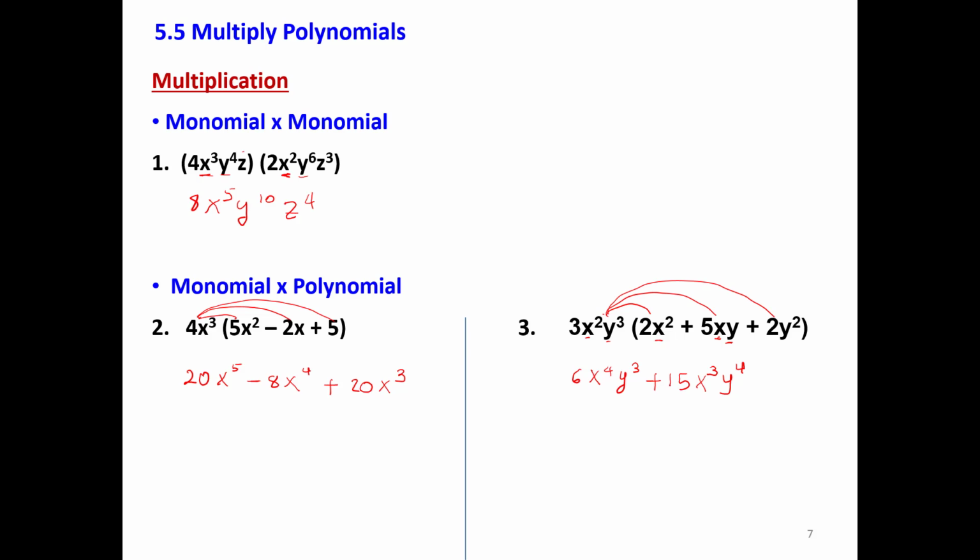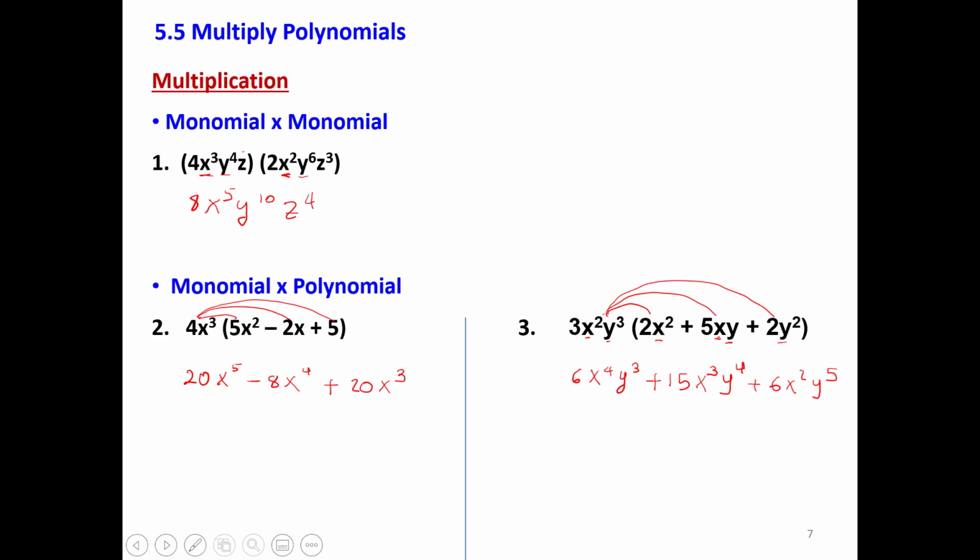We distribute to the last term. 3 times 2 is 6. x, we don't have x here, just x to the 2nd. y. We add the exponents. 3 plus 2 is 5. And because we don't have like terms here, this is the answer. Yes, we cannot simplify this expression more.